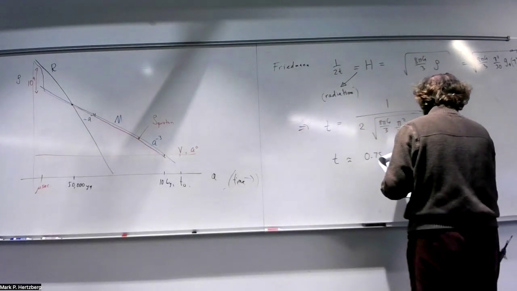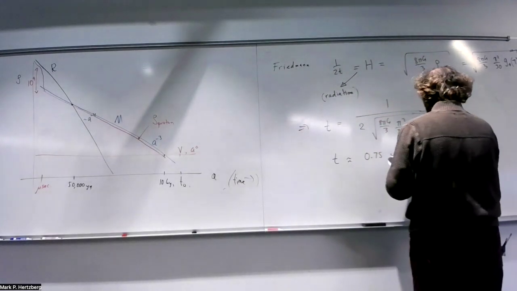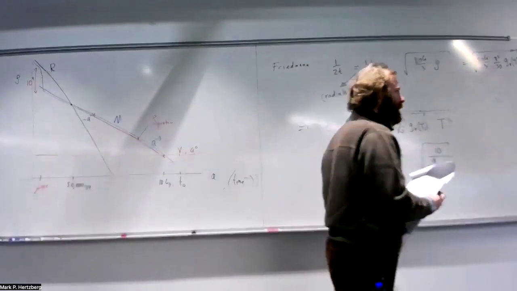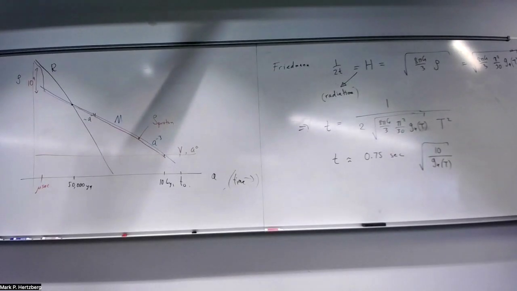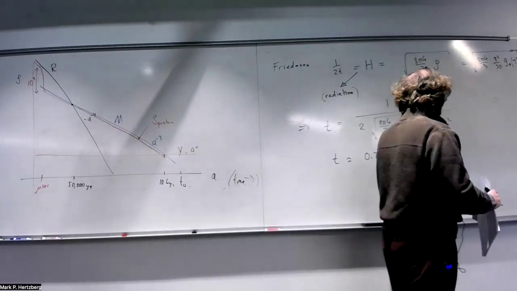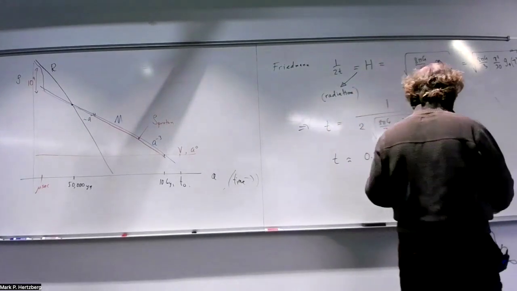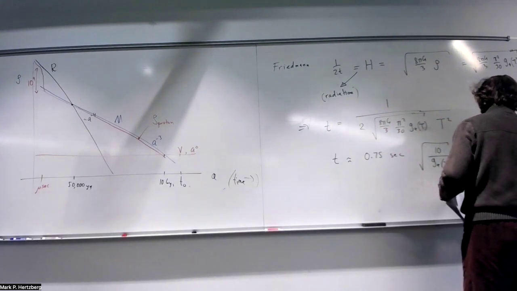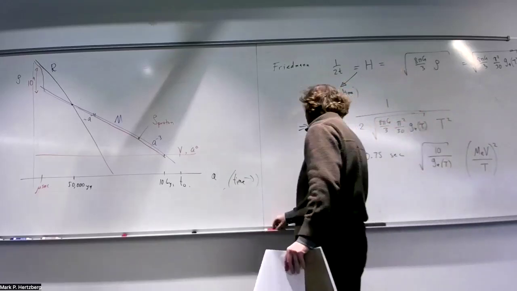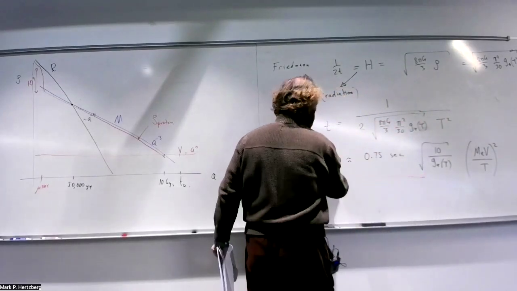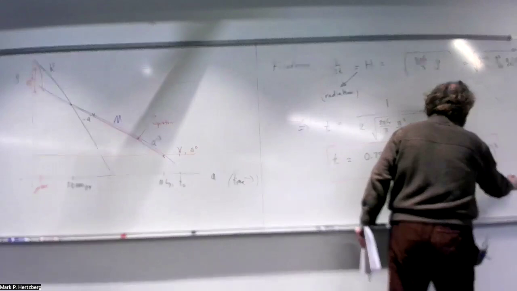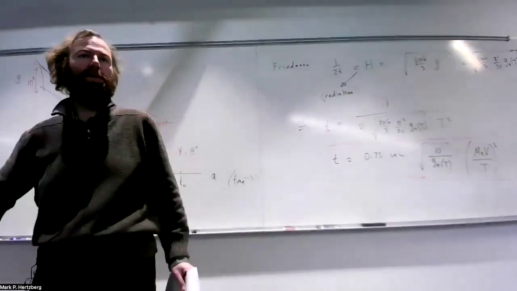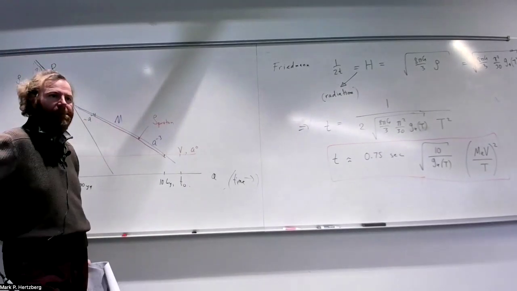And my g star, I'm going to normalize it to, I don't know, 10, just for convenience, because around here it's about 10. And then I'm going to normalize temperature to MeV. Okay, so this is one way you can express that. So that's the conversion between time and temperature.